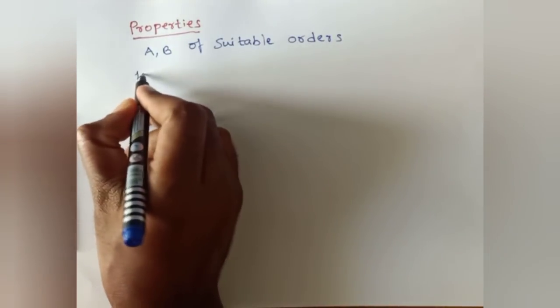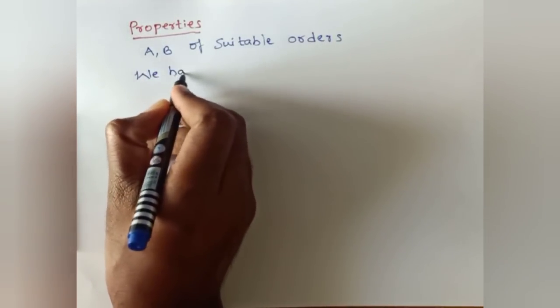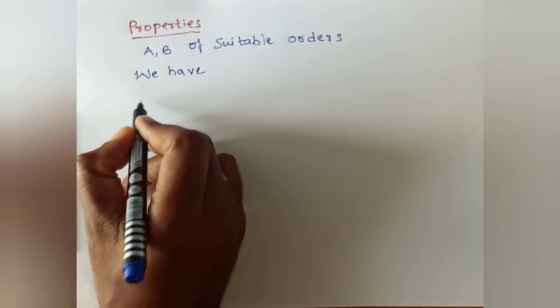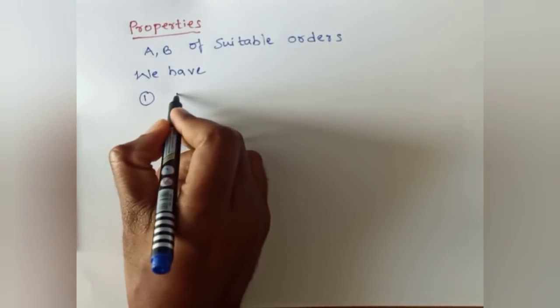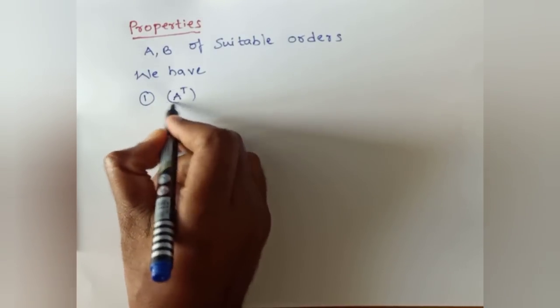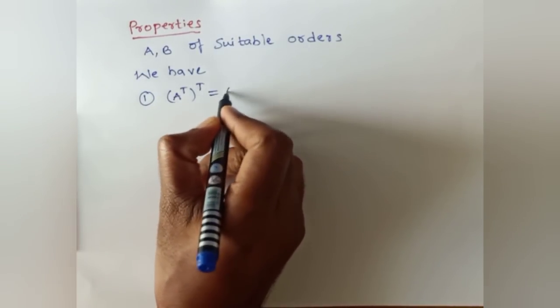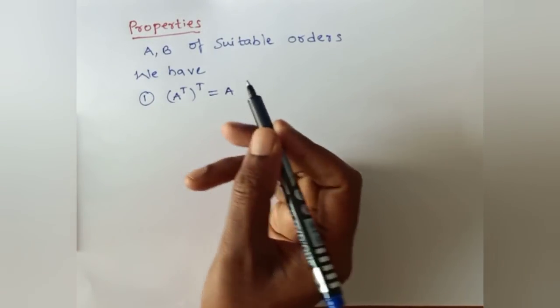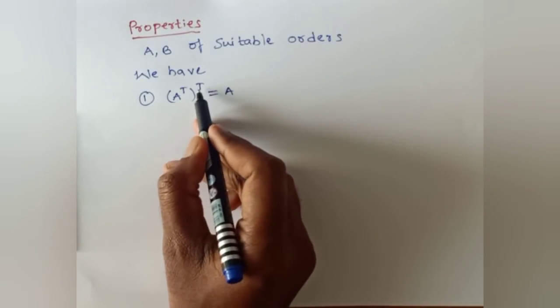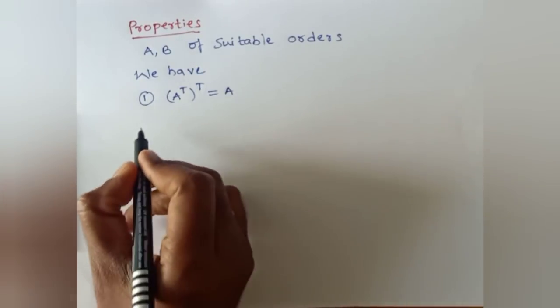Now we have, number 1: (A transpose) whole transpose is again A. The transpose of a transpose matrix is the matrix itself.